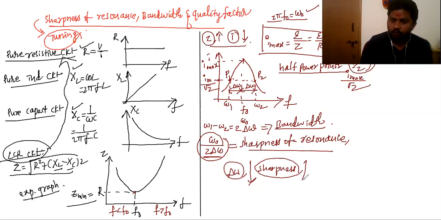Sharpness will be more. How? You can see this graph. If you take a graph here, this is frequency and this is I. I'm just redrawing this graph by decreasing the length delta omega, so the graph will be like this.